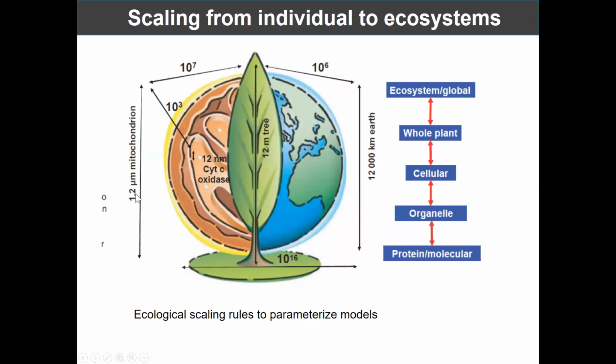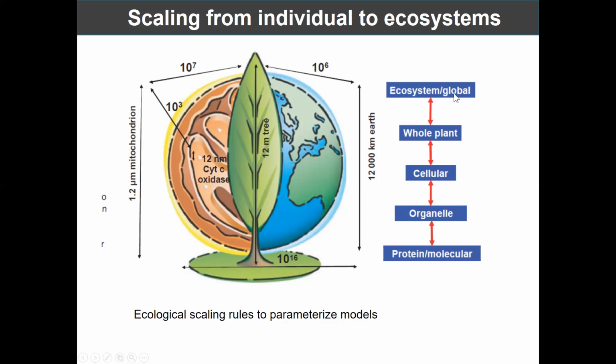Okay, so coming back to the importance of evaluating the scale, as I showed you before, we found positive effects of some leaf traits, specifically specific leaf area, on different rates of carbon gain at leaf level, at the individual level, at the whole plant level, and also the community level.